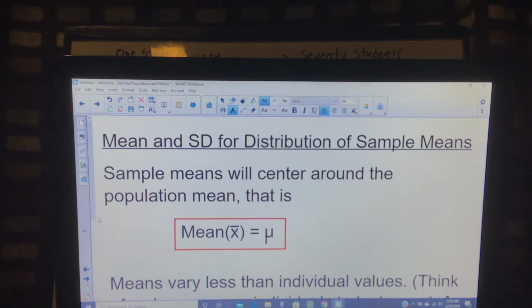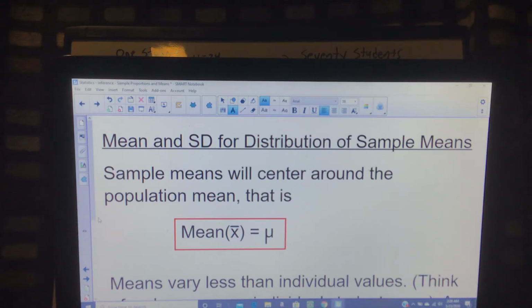What the central limit theorem says is that if you average your sample averages, they should turn out as your population average. It's a little confusing because there's a lot of averages going on, but that is one of its tenets.